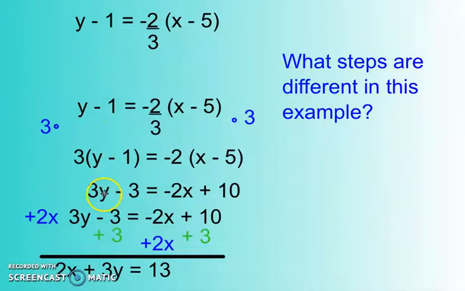So we get 3y minus 3. But look what happens on the right side. If I multiply this by 3, the only thing that happens is the 3 just disappeared. That's what I notice, that the denominator just disappeared.